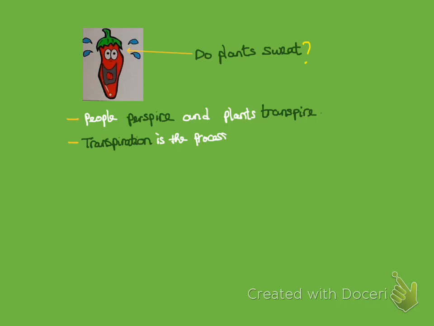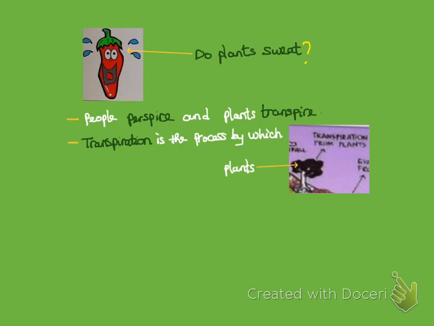Transpiration is the process by which plants lose water out of their leaves. Transpiration gives evaporation a bit of a hand in getting the water vapor back up into the air.